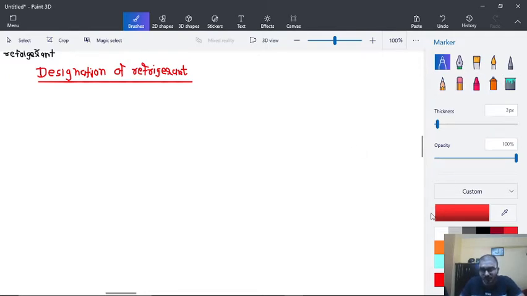We will first note down the general chemical formula.